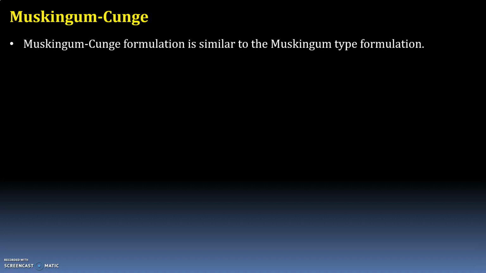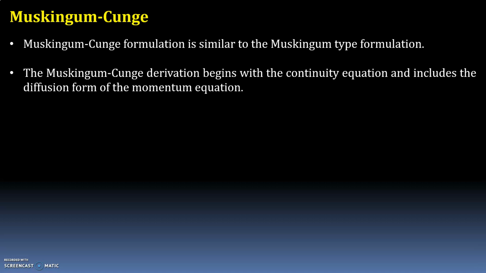The next method is Muskingum-Cunge. This formulation is similar to the Muskingum type formulation, and the Muskingum-Cunge derivation begins with the continuity equation and includes the diffusion form of the momentum equation.